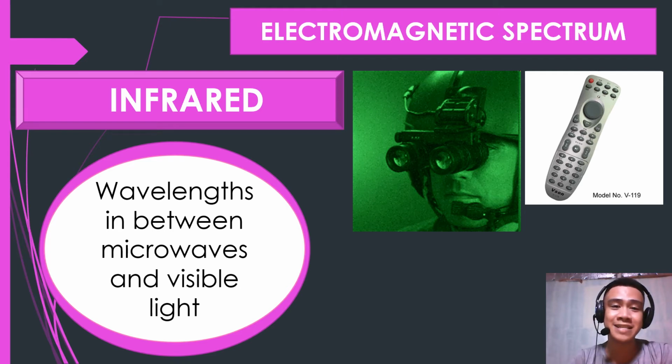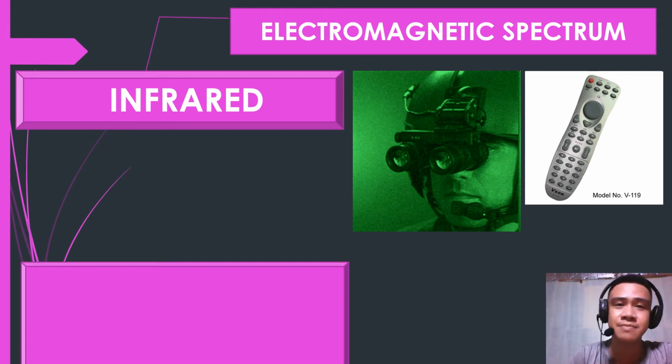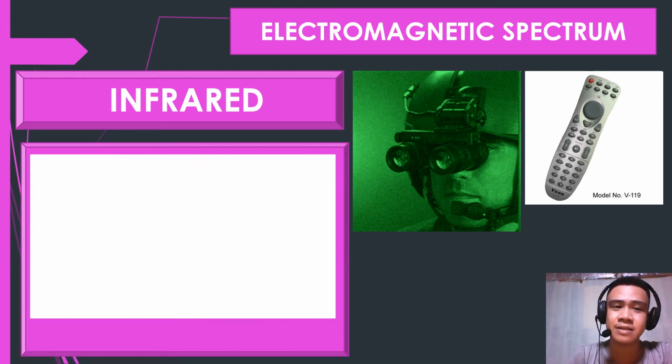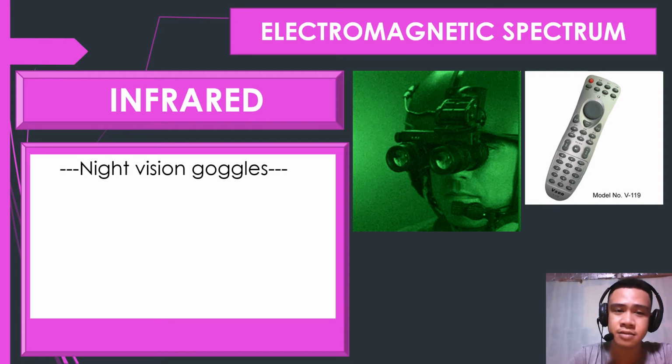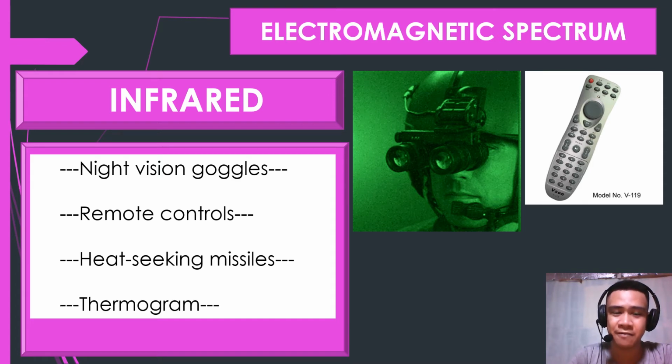When do we use infrared? Infrared is used in night vision goggles, remote controls, heat-seeking missiles, and thermograms.